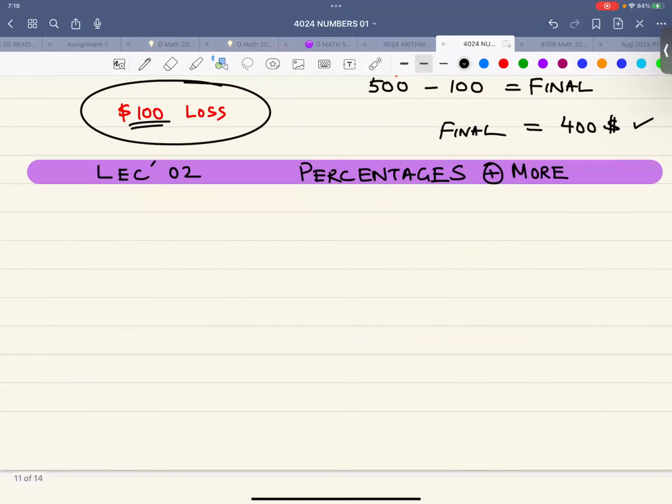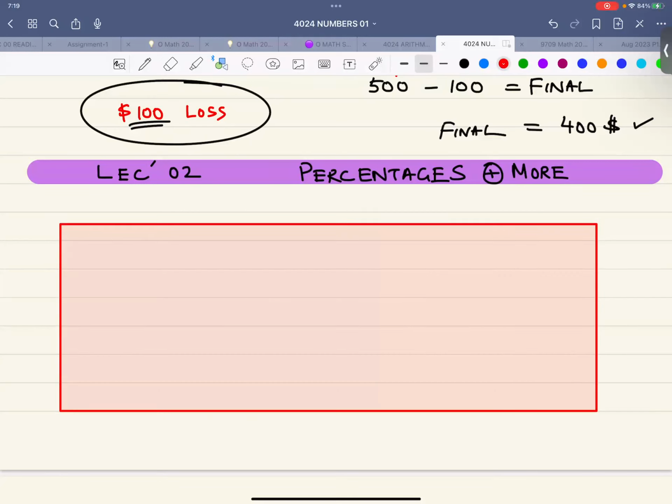Let me draw a box over here for case number 2. For case number 2, we are given the cost price and we are given the percentage, and we are looking for the selling price.